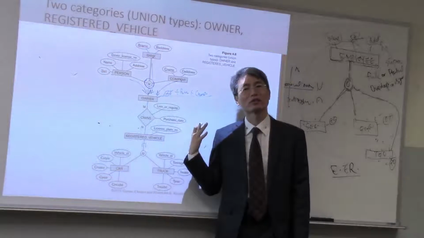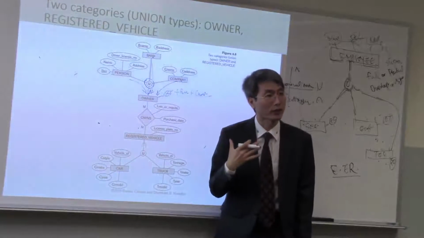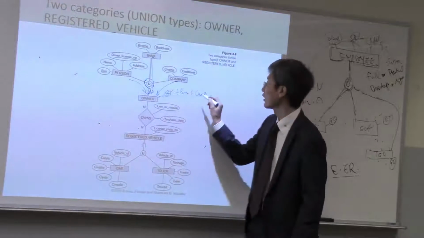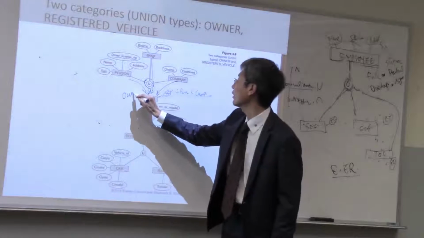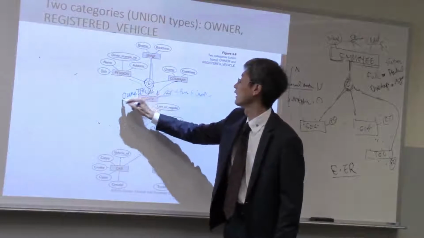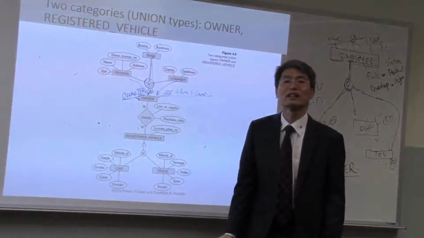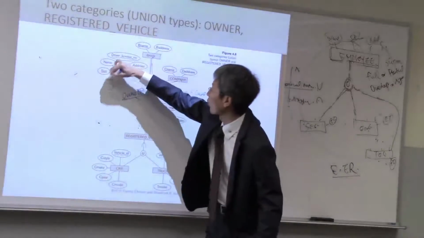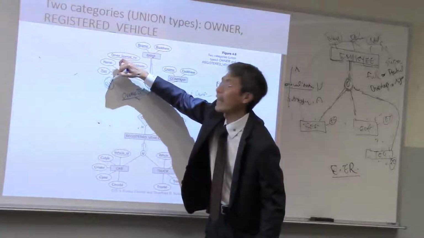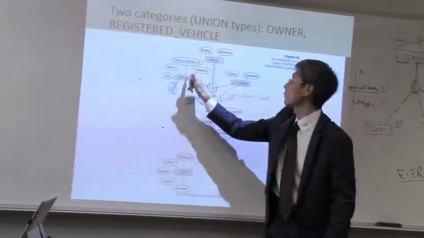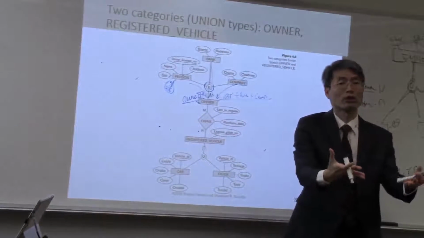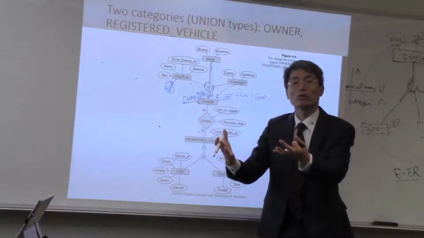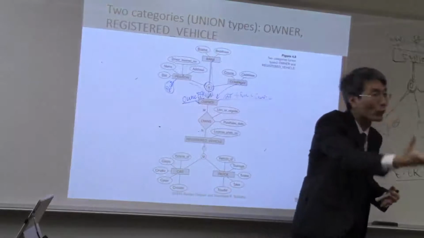Too complicated. So we need to create an artificial key. So that is, for example, owner ID as the key. Then we assign owner ID as the attribute of this one, because the person should know, and the bank should know, and the company should know to whom I loaned the money.